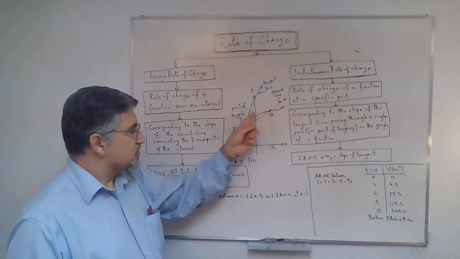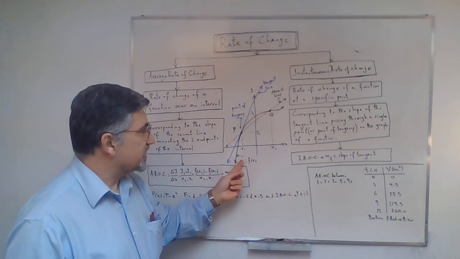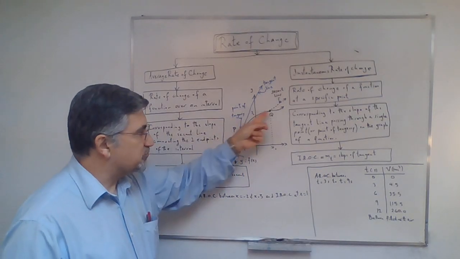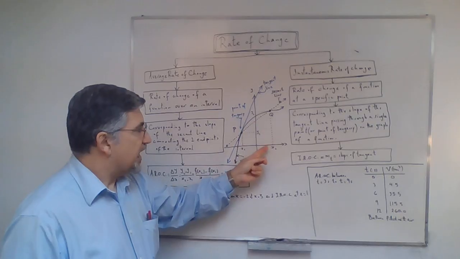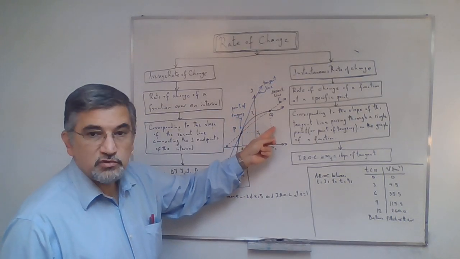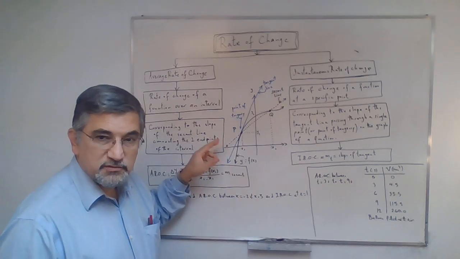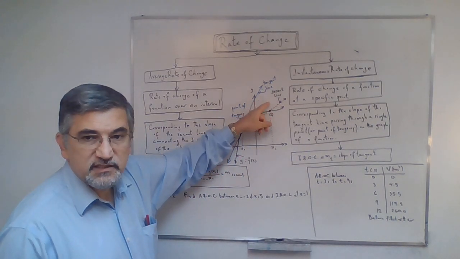This is just a schematic diagram. It shows the graph of function y equals f of x. And we have 2 points on the graph of this function, point P and point Q. The coordinates are x1, y1 for point P and x2, y2 for point Q. When we join these 2 points, points P and Q, then we are generating a secant line.